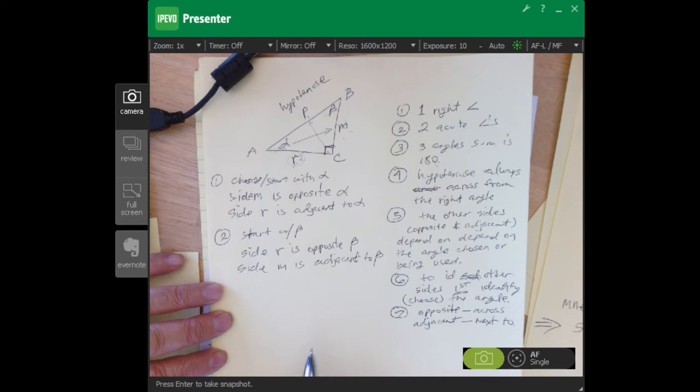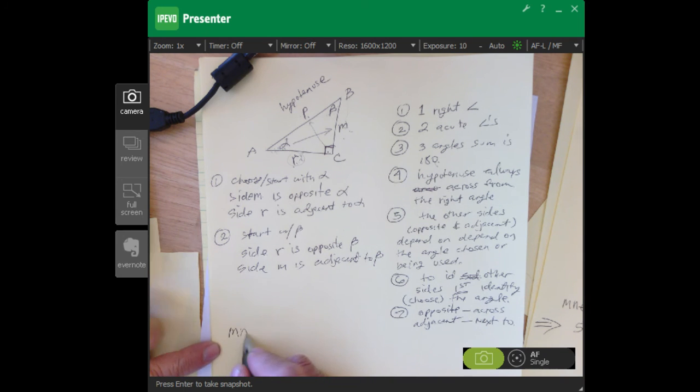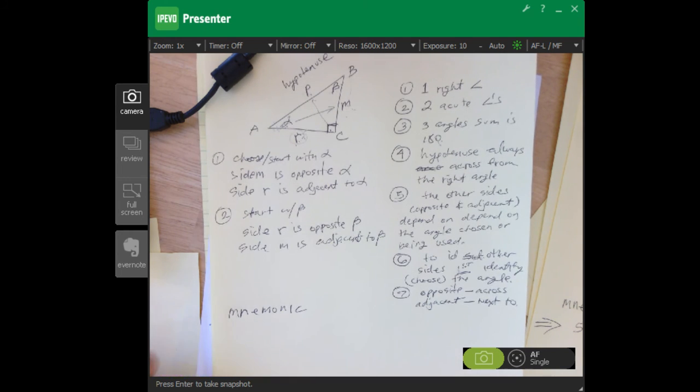Now the next thing is, we haven't talked about what it is, but you may or may not have heard this word. It's kind of a strange word: M-N-E-M-O-N-I-C. You don't pronounce that M. This word is mnemonic, and it's something to aid your memory, like a little saying or expression.